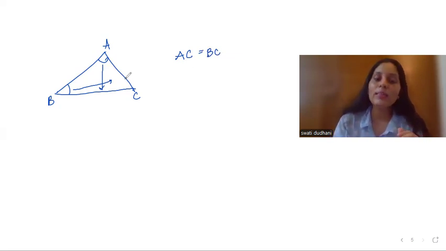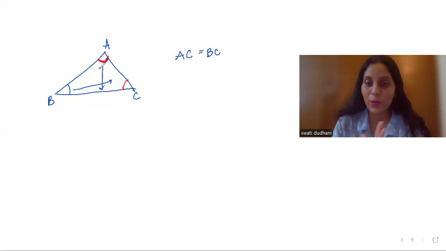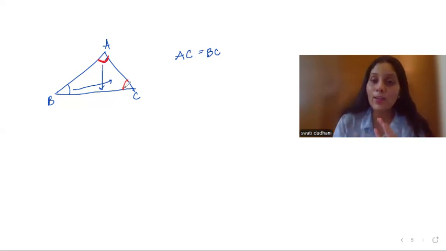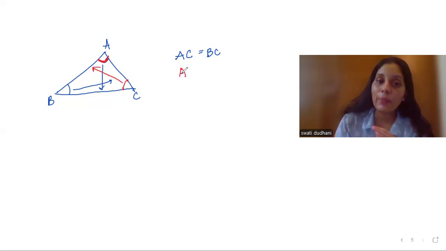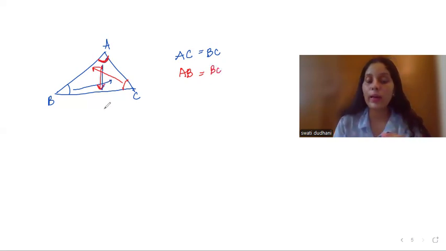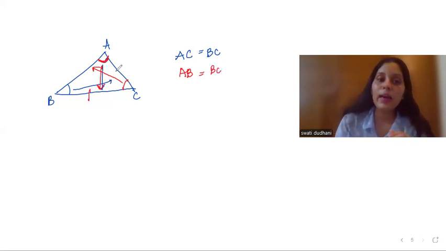Likewise, if I take angles C and A equal, then the sides will also be equal. What is the opposite side of angle C? It is AB. And what is the side opposite to angle A? It is BC. Likewise, let me take BC and AC equal.